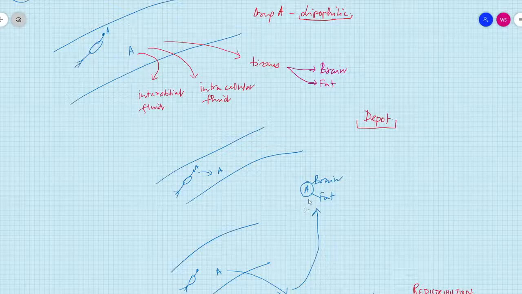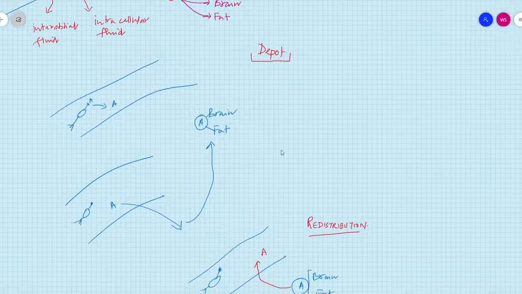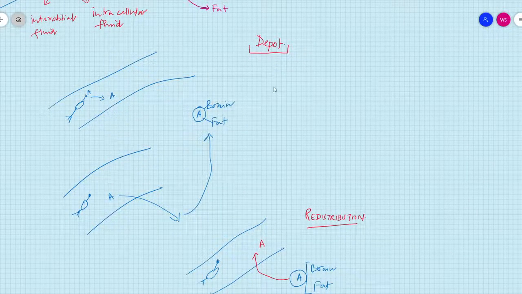So the drug gets stored in the brain and fat adipose tissue, and so it's available when the concentration of the free drug in the blood reduces. So it will move back from the depot to the blood. Okay, so that is what we discussed here. From the depot, it is going back into the blood.